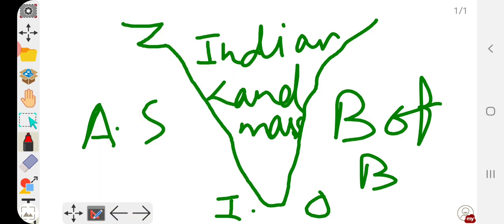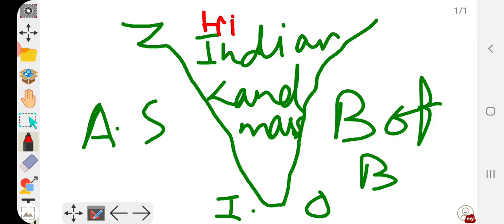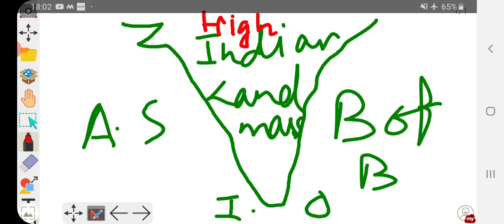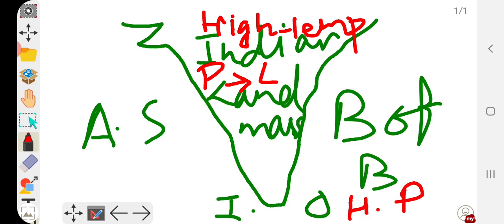When the temperature is high on the Indian landmass, what will be the pressure? Pressure is low. And where is the high pressure? High pressure is there on the Indian Ocean. So what does this indicate? We all know winds move from high pressure to low pressure.